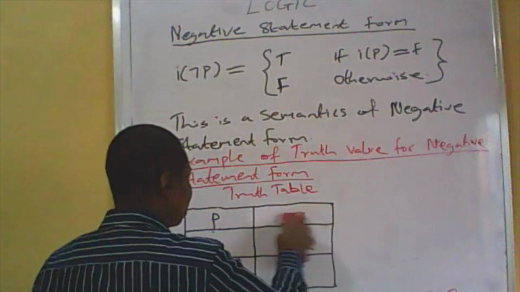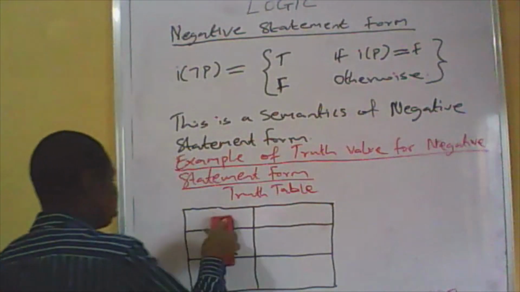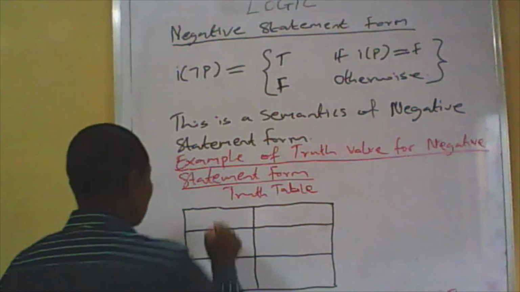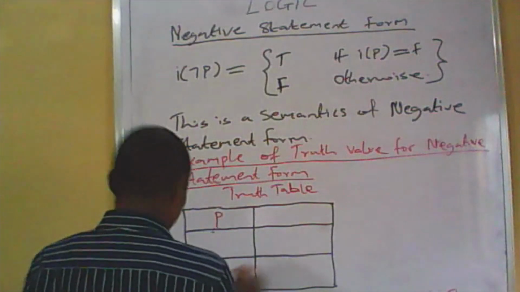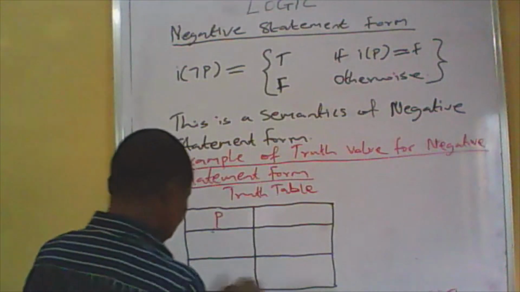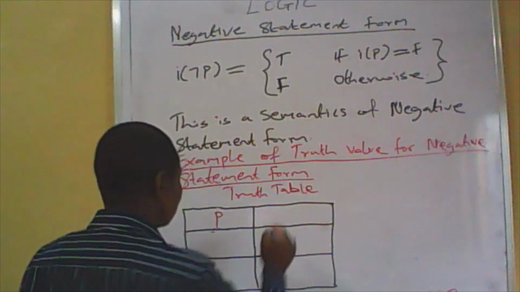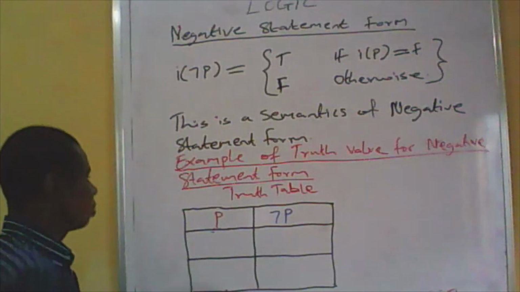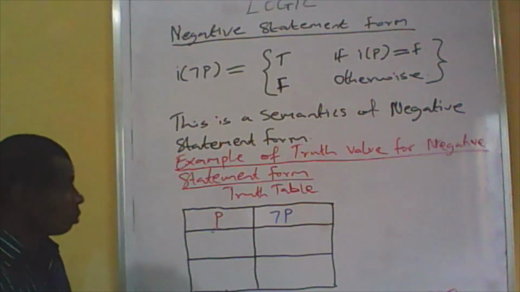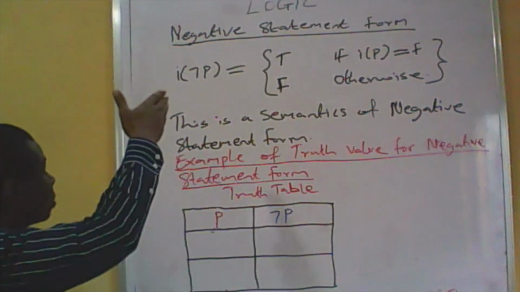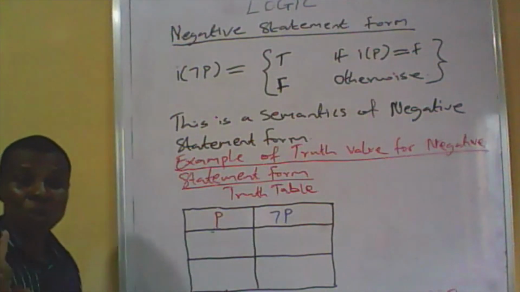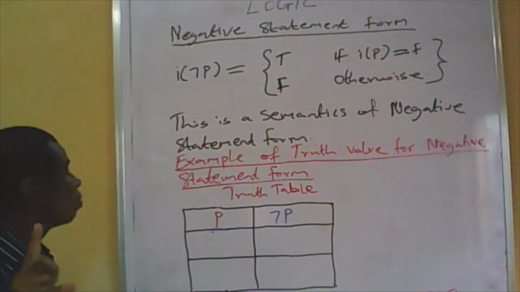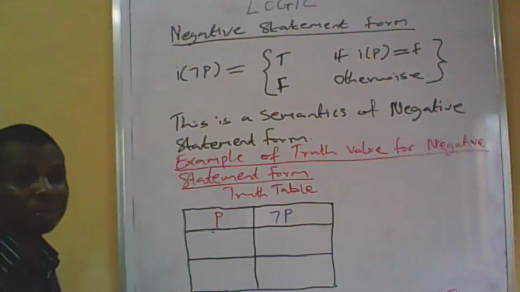Let's use red ink. We have P, we have not P. In this not P, we have only one variable, only one simple statement.